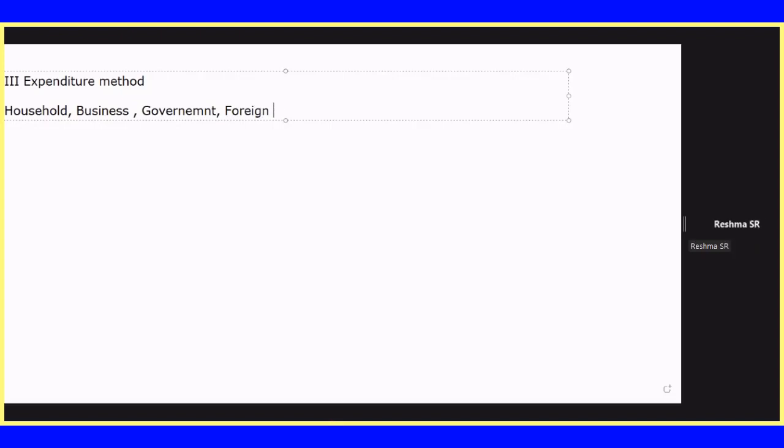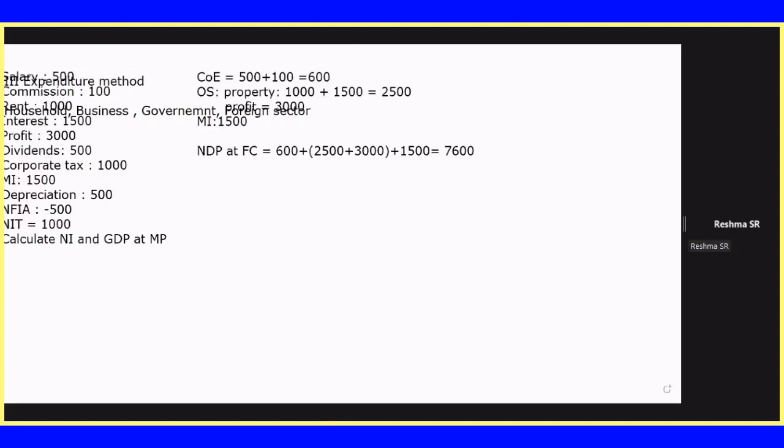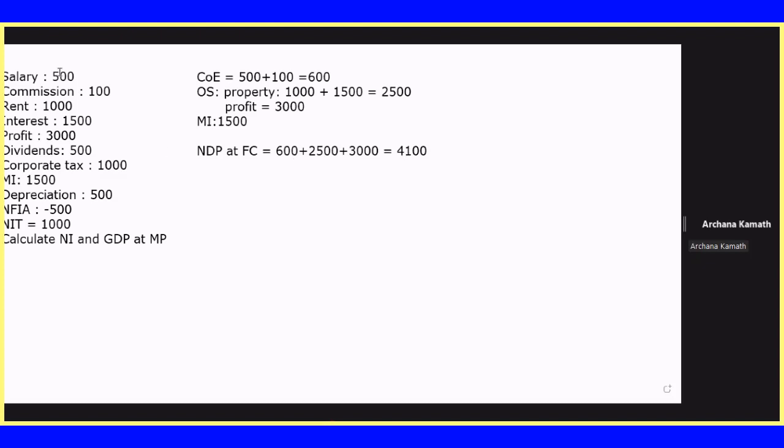Ma'am, one doubt. What was the national income in the previous question? Was it 7,100? Let me do it again. NDP at factor cost is given. From there, you can find out NNP at factor cost. 4,100, you have to add NFIA.